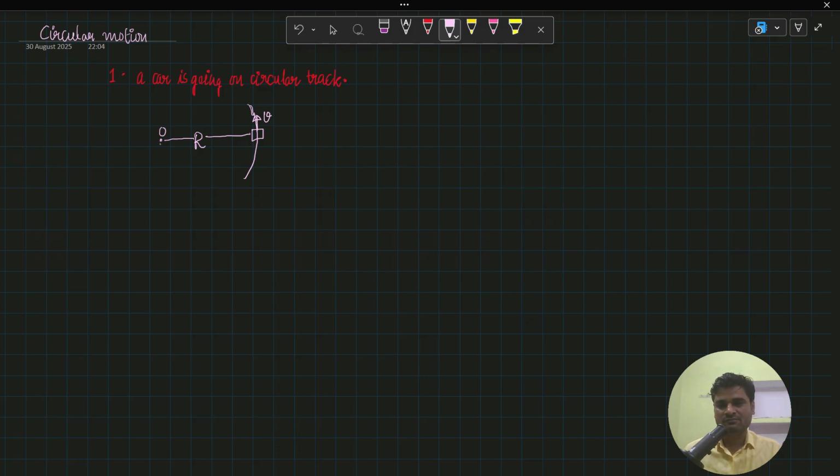So this is a special case of circular motion, and that is uniform circular motion. We are not talking about non-uniform circular motion, because most of the questions that you are going to face in the examination will be from uniform circular motion, and there will be some percentage, 5 to 10% of questions, from non-uniform circular motion.